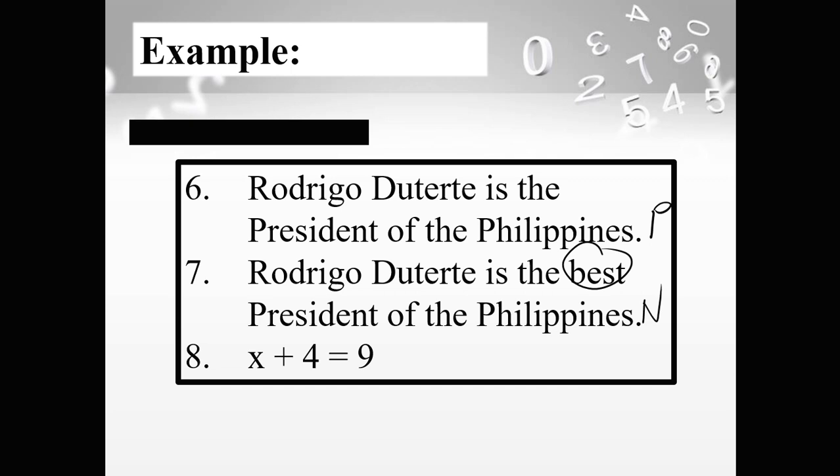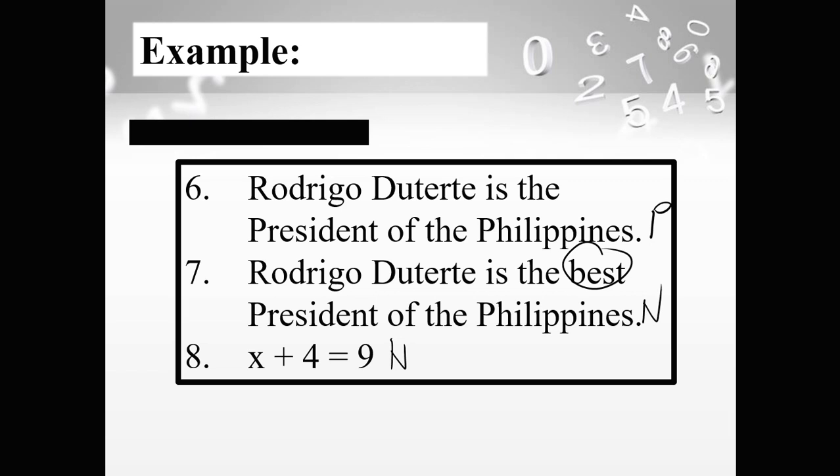And then last number, we have number 8, x plus 4 is equal to 9. Is that a proposition or not a proposition? Okay. So, as you can see po, that is not a proposition since wala pong value si x. Maaaring pag nilagay mo, halimbawa 5 ang nilagay mong value ng x, 5 plus 4 is equals to 9, then that is true.